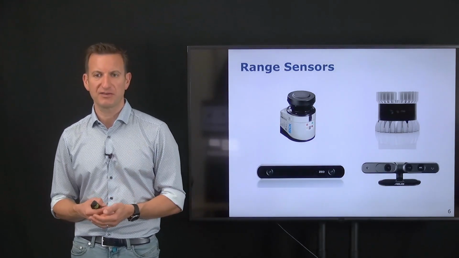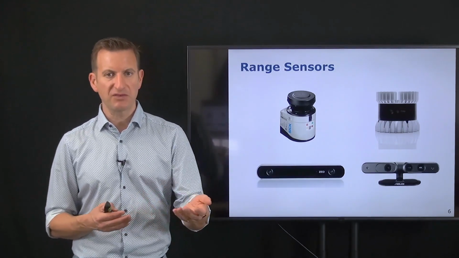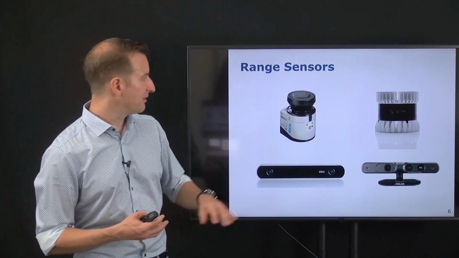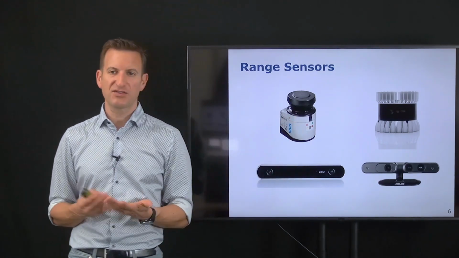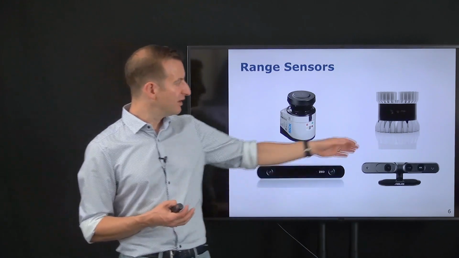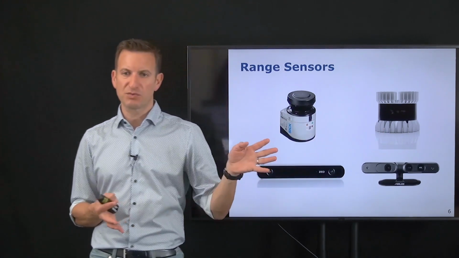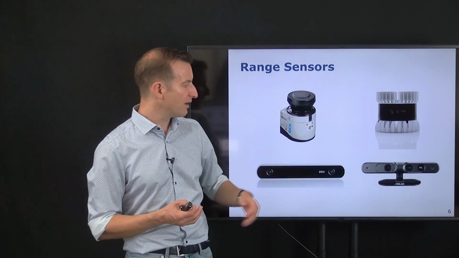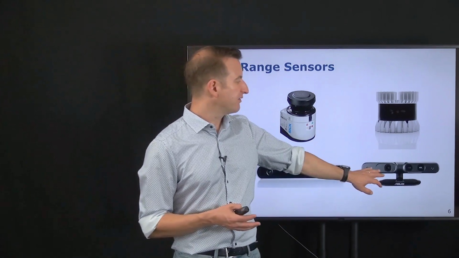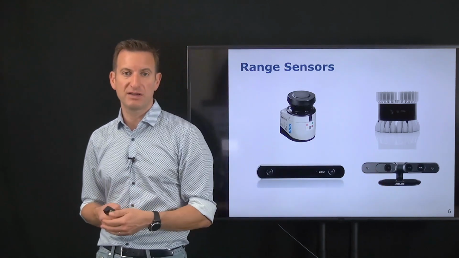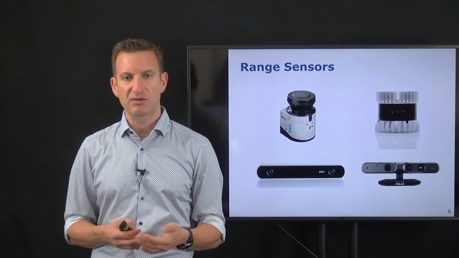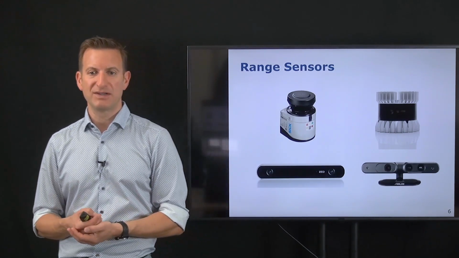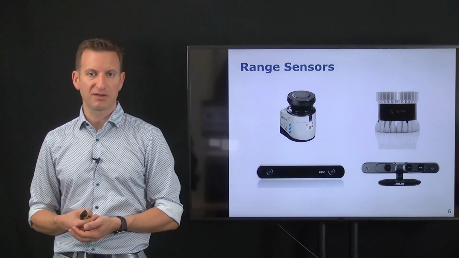So range sensors are sensors that provide you the distance to the closest obstacle that they are observing. This can be a standard 2D laser range scanner, as the SICK scanner over here. This is an Ouster 3D LiDAR, which provides you with 3D information. This can be a stereo camera or can be an active sensor which projects a pattern into the environment, for example, using infrared light, and then perceives the pattern with a camera, and through this information can estimate how far obstacles are away.